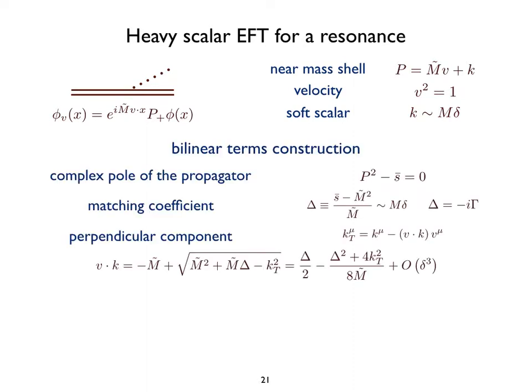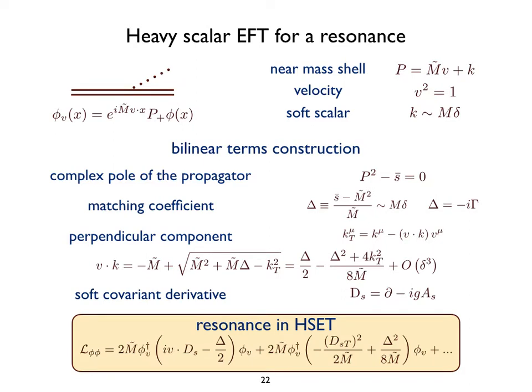To construct the bilinear terms, we consider the propagator and expand its denominator near the complex pole position. We define the matching coefficient, a capital delta, which is given by the decay width in the pole normalization scheme, and use the perpendicular component of the soft momentum.